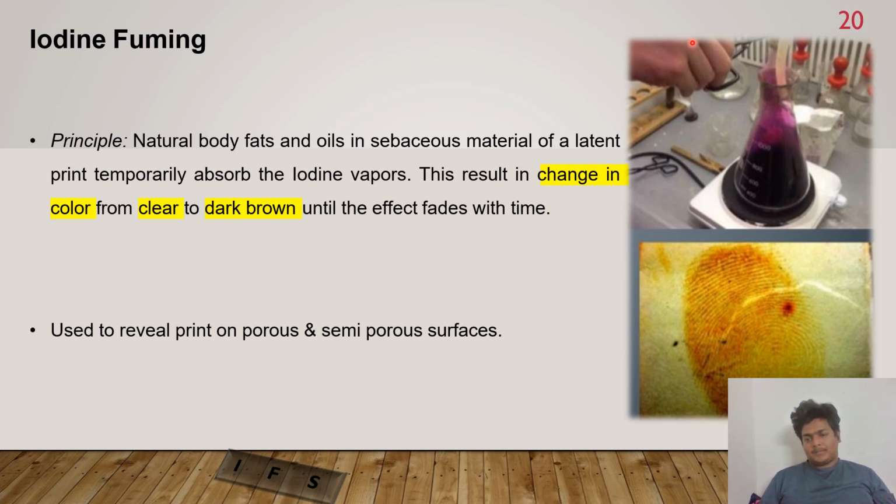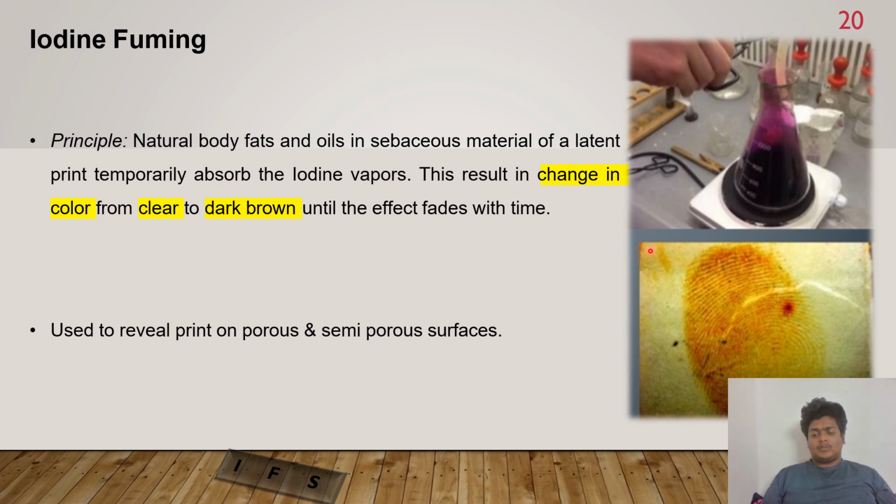So if you see in the picture, upon sublimation of the iodine particles, which vaporizes into fumes, which are absorbed onto the fingerprint residue, forming a dark brown fingerprint pattern.